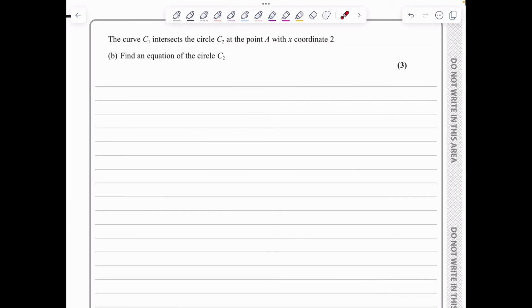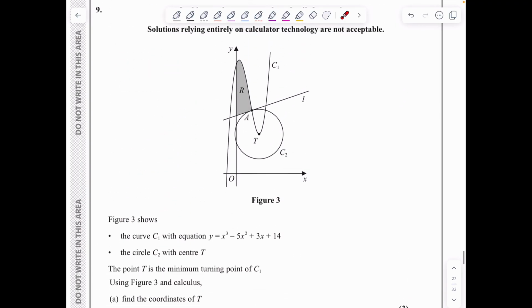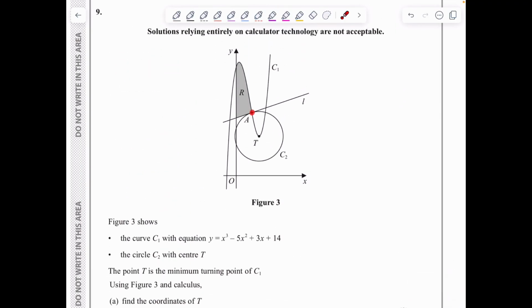We are then told that the curve C1 intersects the circle C2 at the point A with x coordinate 2, and we need to find an equation for the circle C2. Well, let's revisit our figure here. We've got C1 intersecting C2 at the point A. We have already established that the coordinates of T are (3, 5). This is the center of the circle. So we know that at point A here x is 2. So point A is a point on the curve C1.